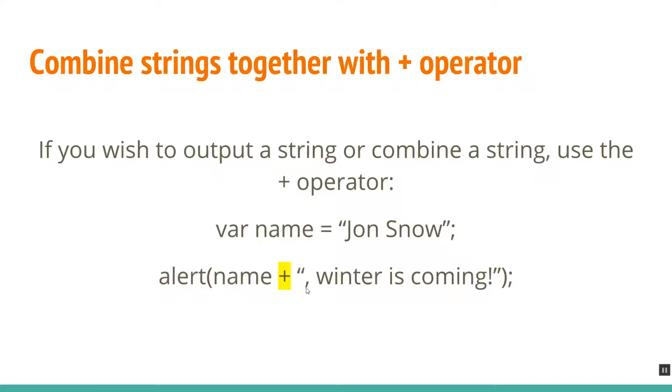Note that I have a comma because I wanted to say Jon Snow, comma, space, winter is coming in the alert box. So you can use that plus operator to create an even longer string that will store different variables plus any text that you might have together.